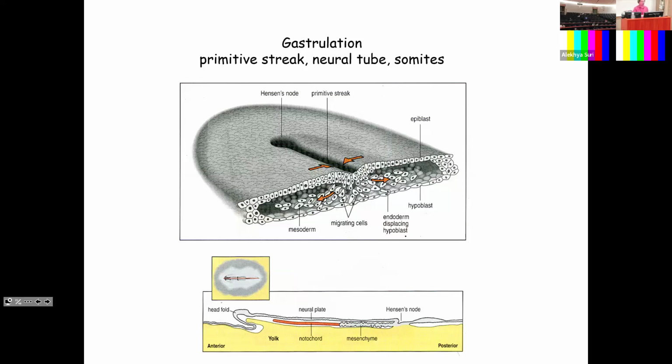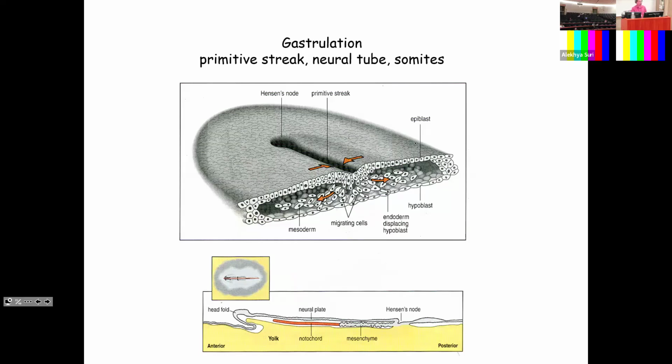And we see how it happens. And also the establishment of the 3 different axes of the embryo is provided at gastrulation. The elongated shape of the embryo, the first time you see an elongated shape of the embryo and axis of symmetry.